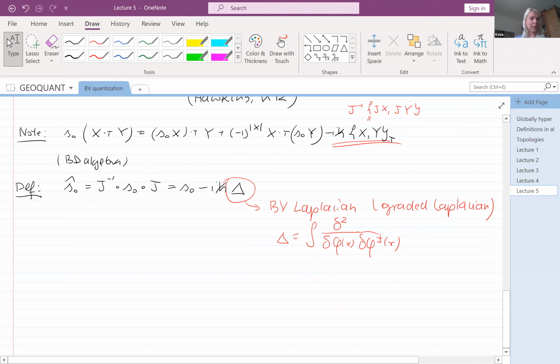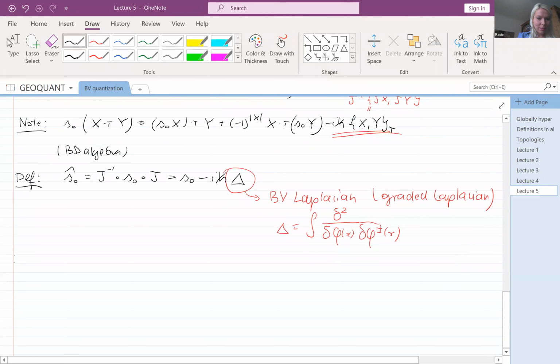Okay, so with that, I have the following. This formula above now holds also if I untwist the product and twist the differential. So we have this differential now acting on the usual graded product.